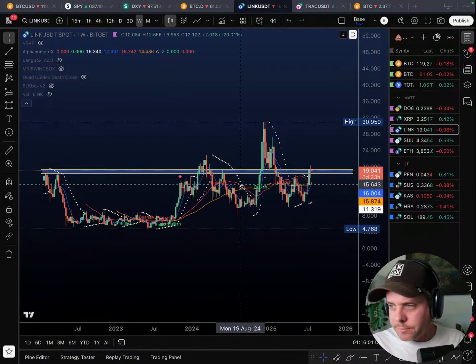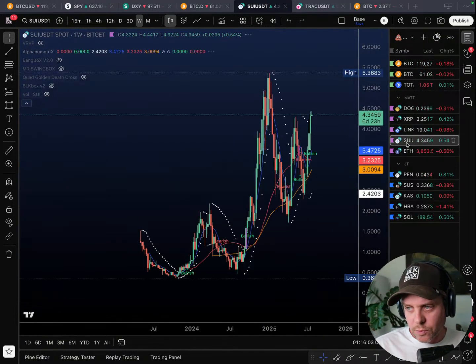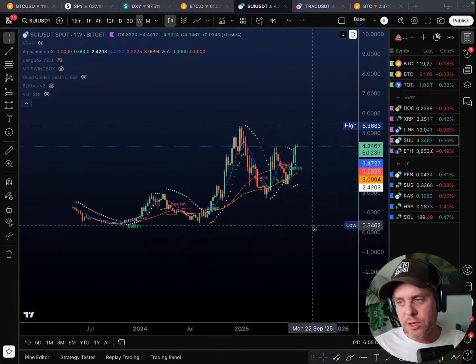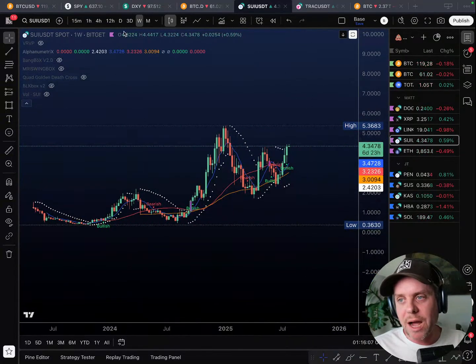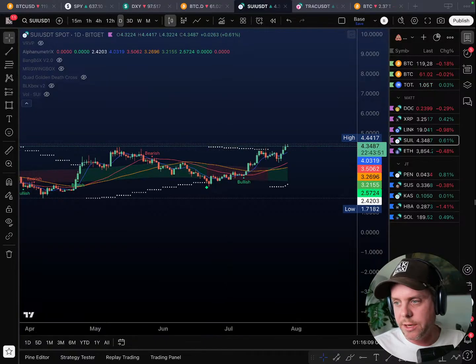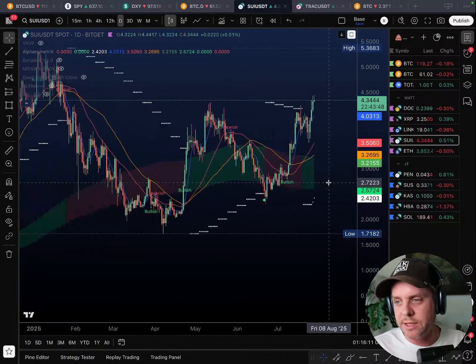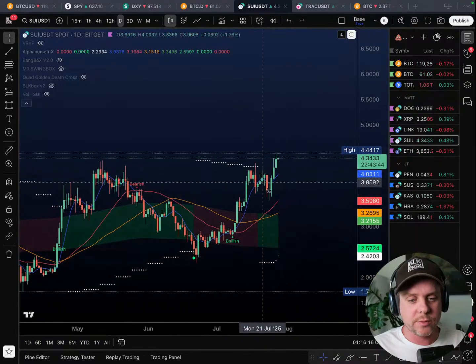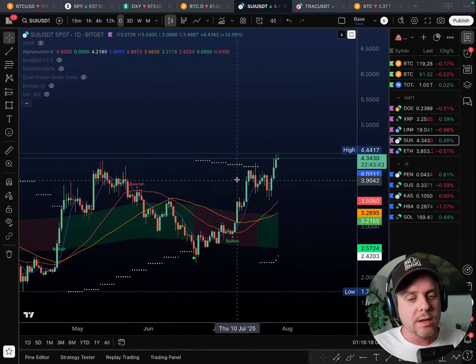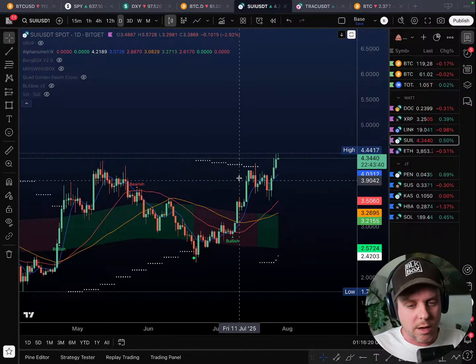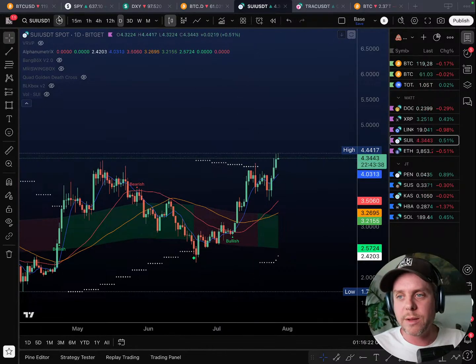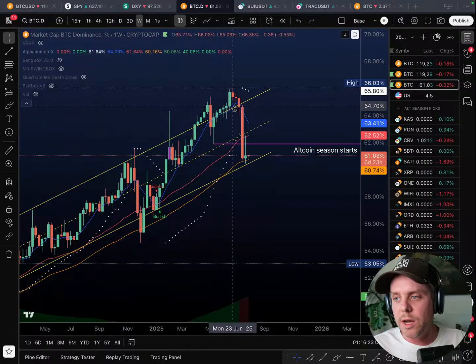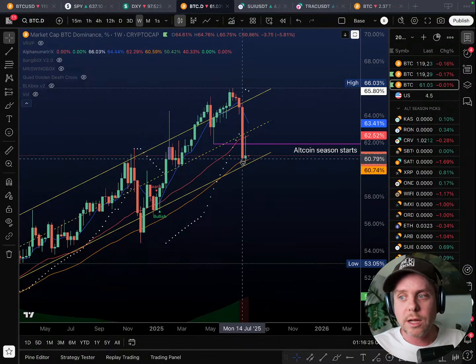All right, Sui. We'll just go one by one here. Sui's been great, and I wish Matt was here to talk about this entry because we nailed it. We had a big rotationary move. We saw a lot of liquidity coming into alts, when Bitcoin dominance was basically down here. We figured there's got to be some sort of a recovery.